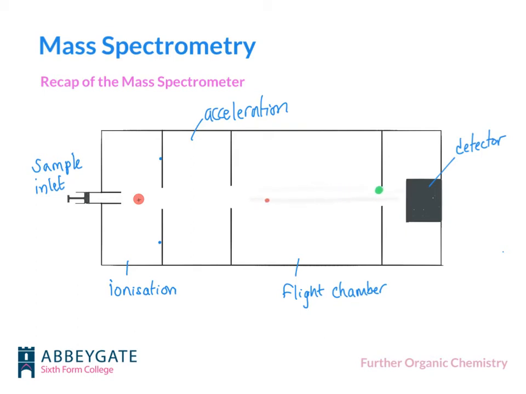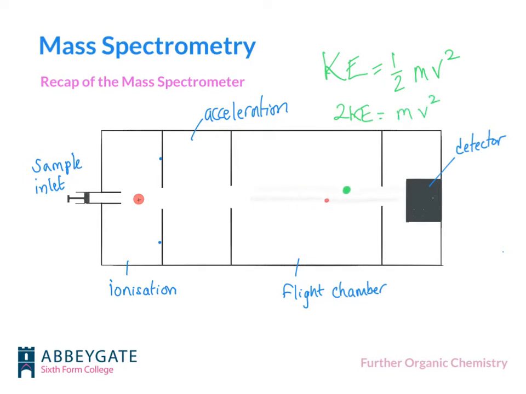So if we consider the KE, if KE is equal to a half mv squared, then we know that 2KE is equal to mv squared.